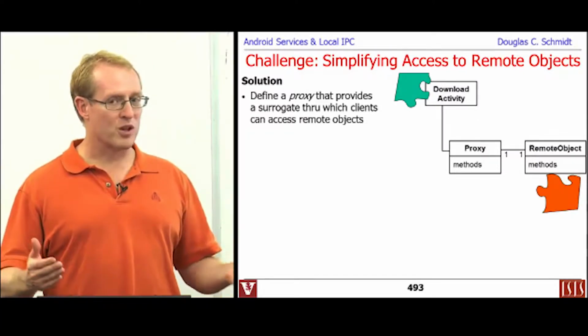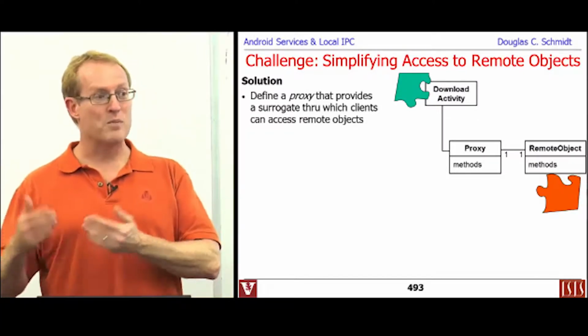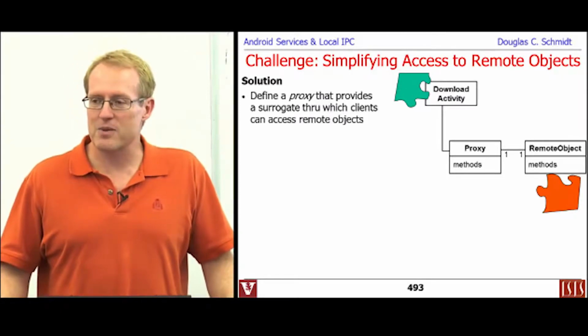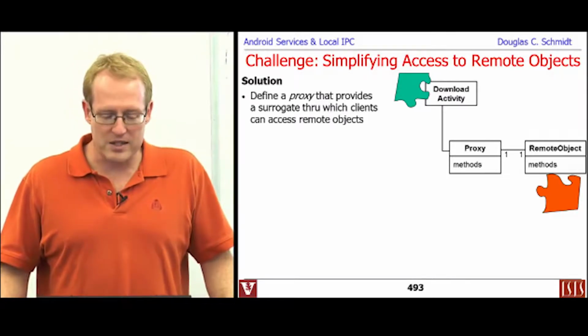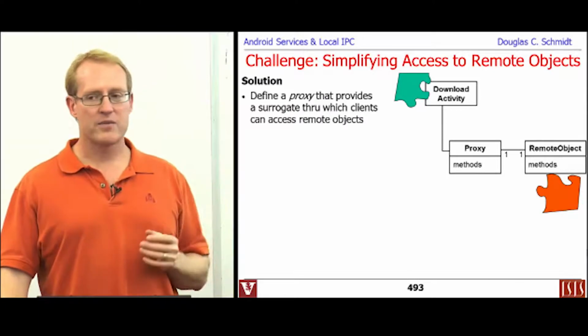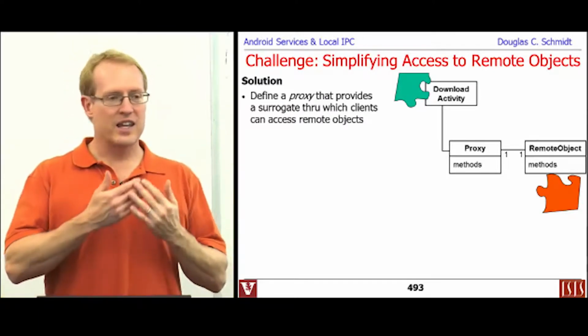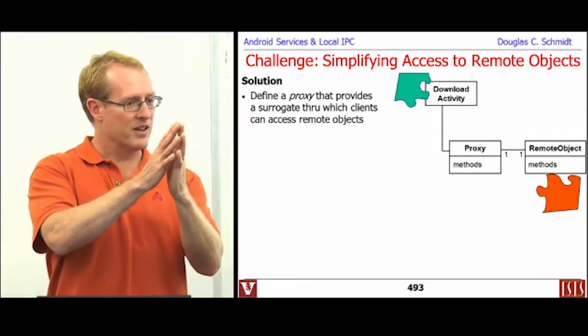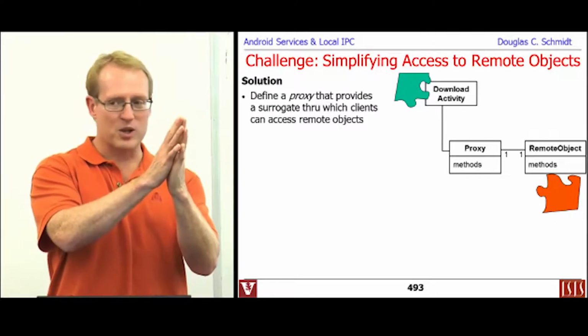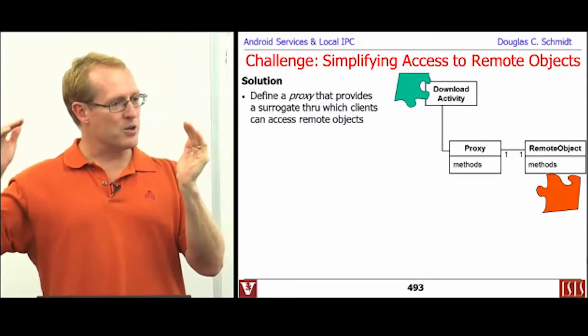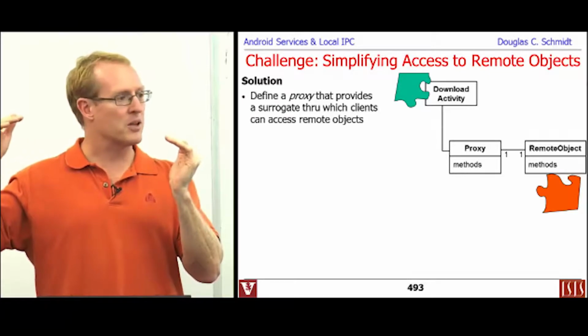So what's the solution? Well, as you'll see, there's a multi-part solution here. But one piece of the solution is to define something called a proxy. And the proxy essentially acts as a surrogate or an ambassador that gives a particular interface, actually the same interface, to the client, and then allows the implementation of that interface to be someplace else.